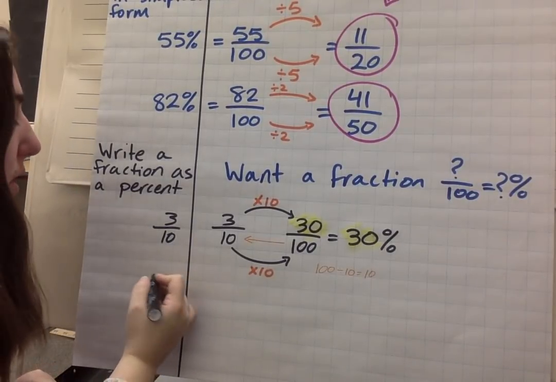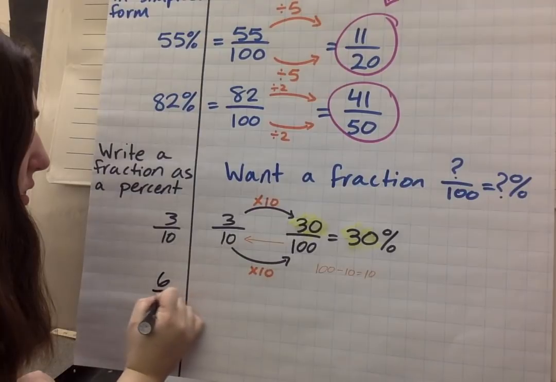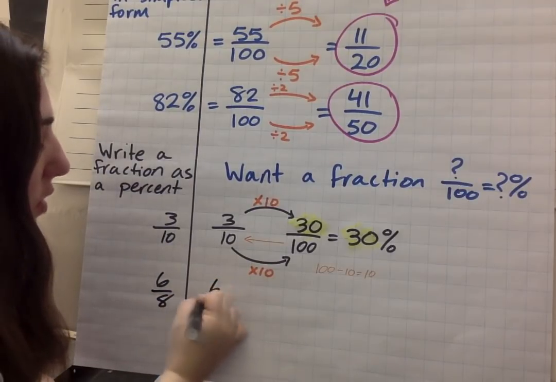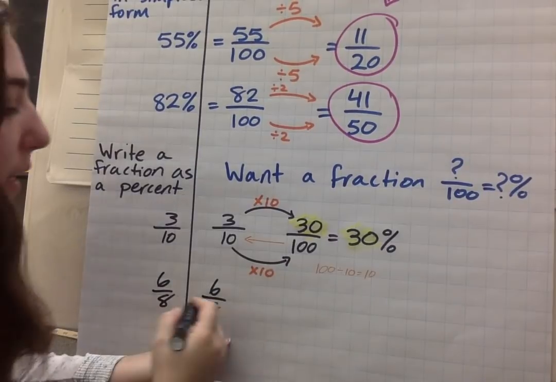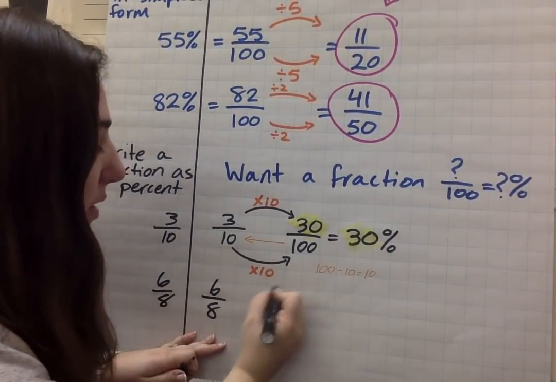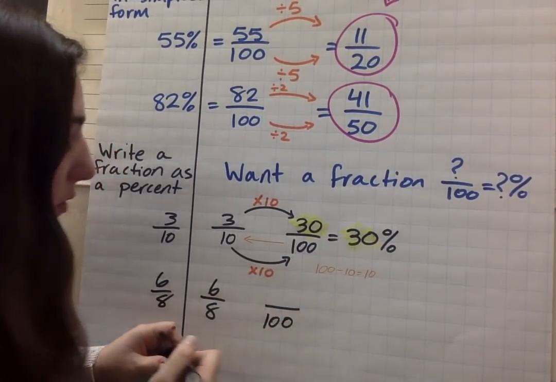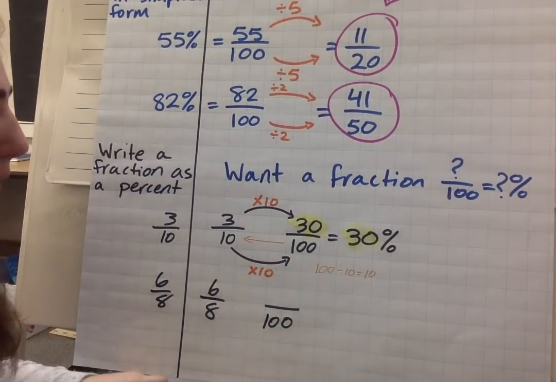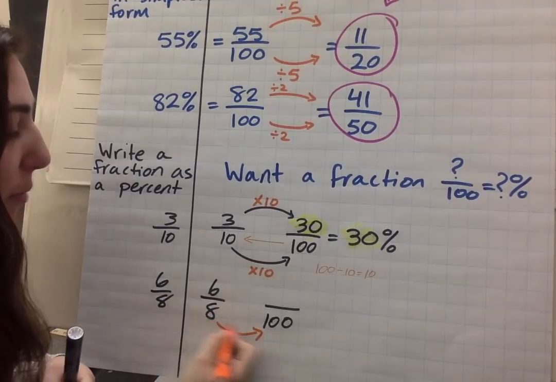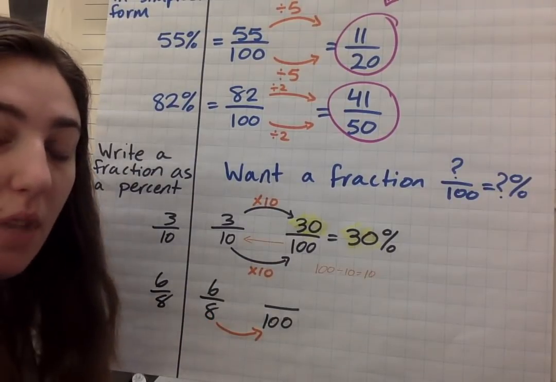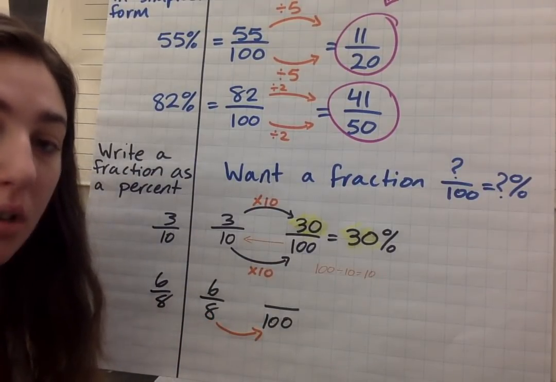Let's do 6/8. So I'm going to rewrite it over here, 6/8. And I need to get this to be something out of 100. Okay, so I need to figure out, what do I multiply to go from 8 to 100? But again, maybe I don't know, okay?